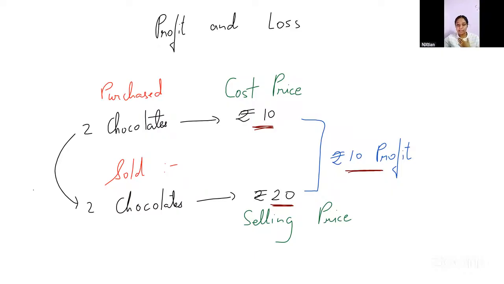Okay. I purchased a toffee for 2 rupees and sold it to my friend for 3 rupees. Okay. 1 rupee I gained more. That 1 rupee is my profit. How do we calculate profit?